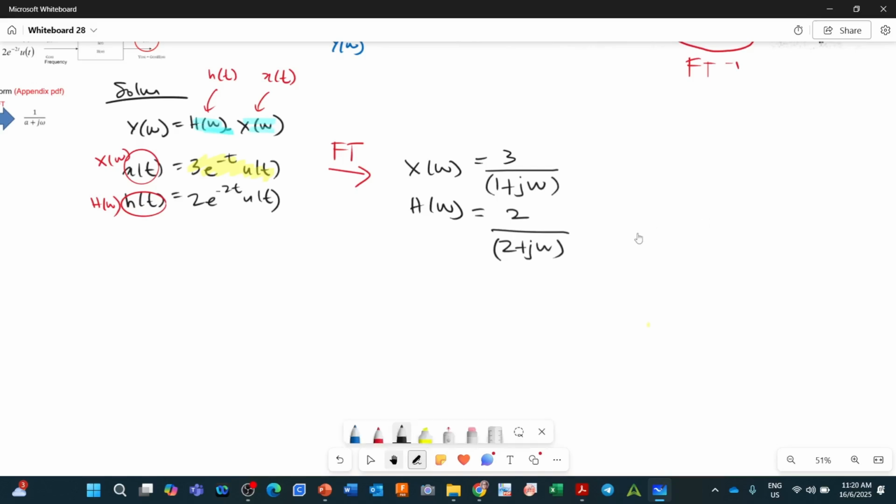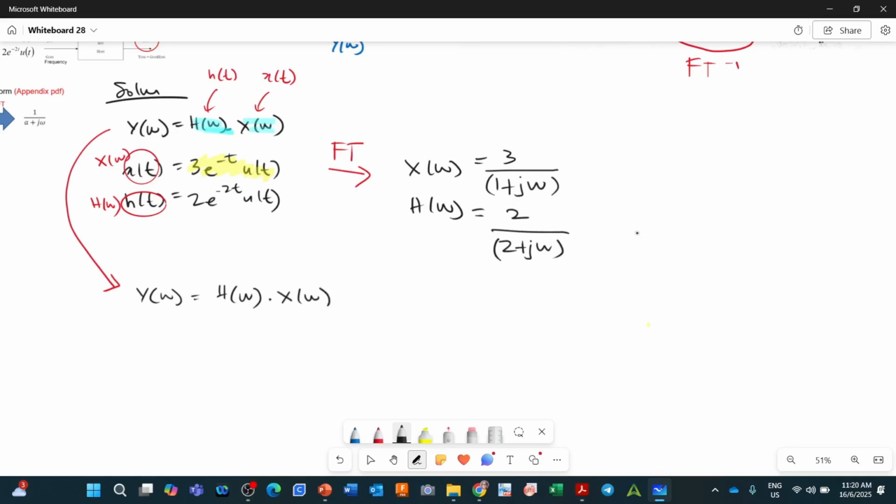Alright, now after you have done the conversion, you continue from what you have: Y omega. Y omega is equivalent to H omega times X omega. Is it okay on this slide? Because this projector is big.